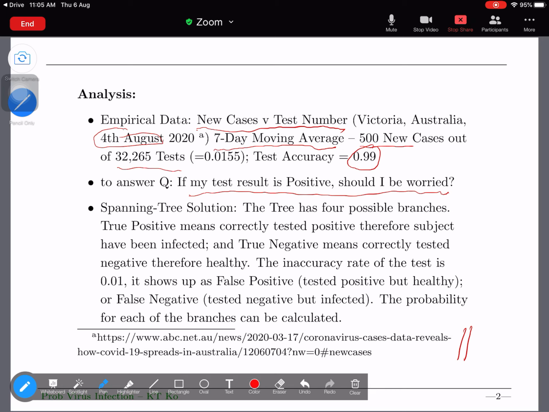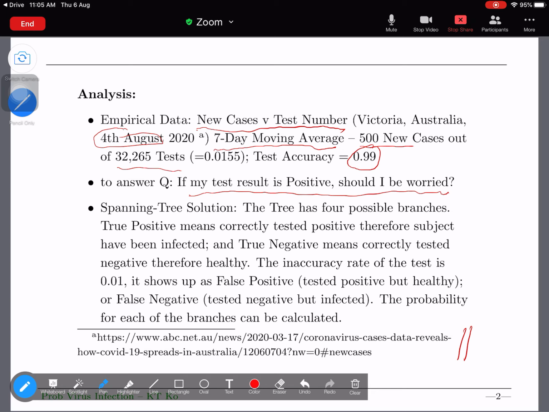So I will look at a more intuitive way, the spanning tree solution. Spanning tree means there are different outcomes of the test. There are 4 possible branches.